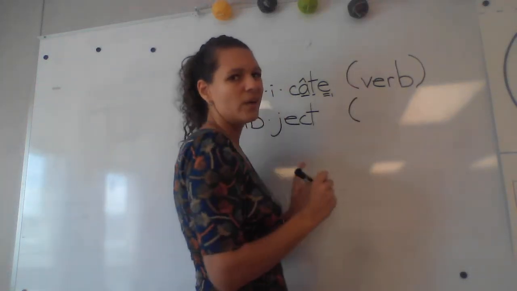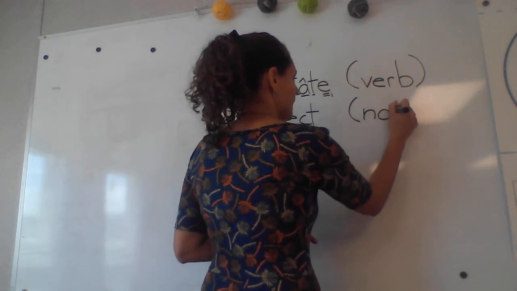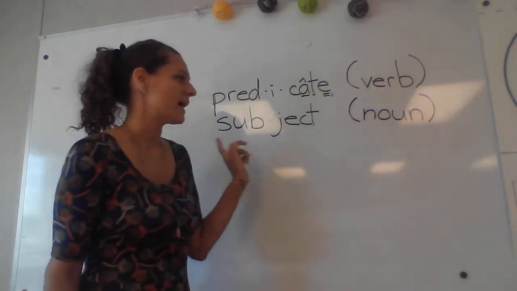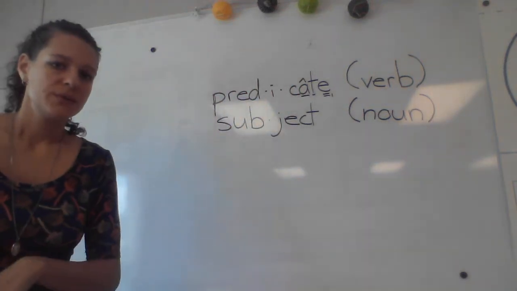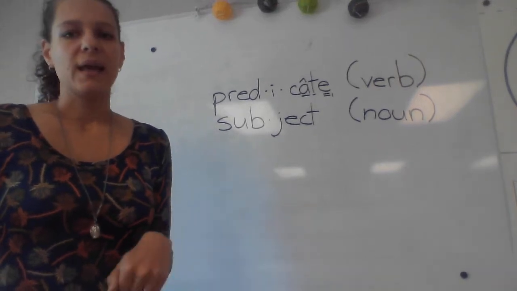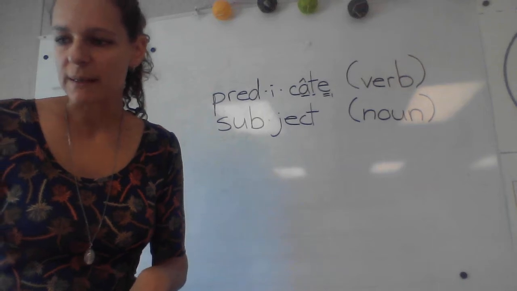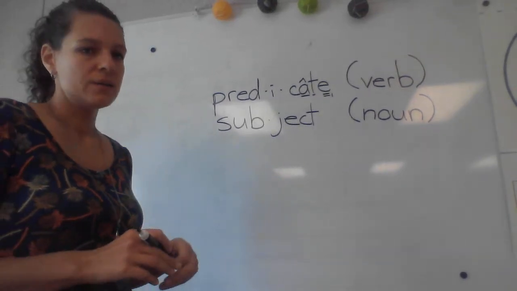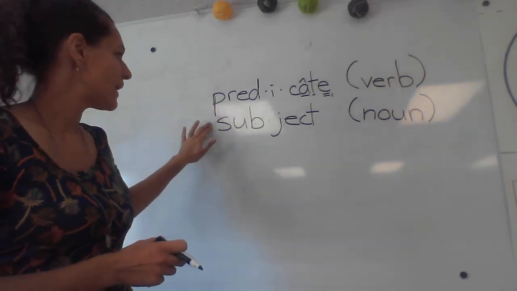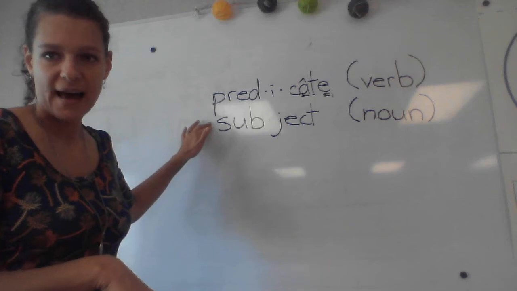For right now, let's just say that it's a noun because I don't know if you got to learn about the other part of speech that can be a subject yet. So for now, we'll say it's a noun, and then we can refine that a little bit when we get to pronouns. Okay, so we need to have a predicate, or what happens, and a subject, which is who or what is doing the action.